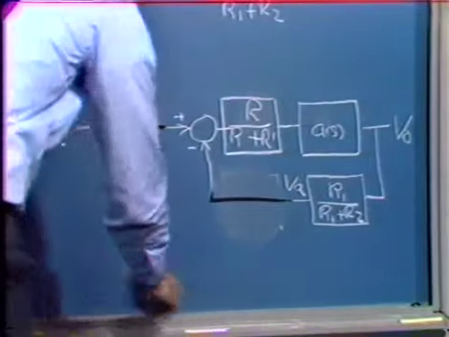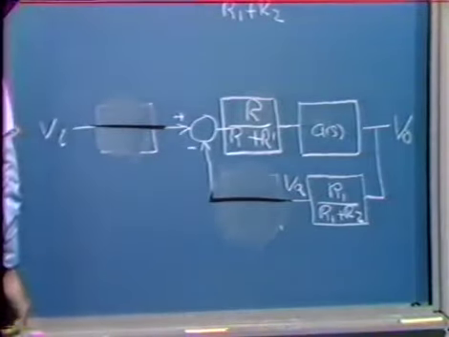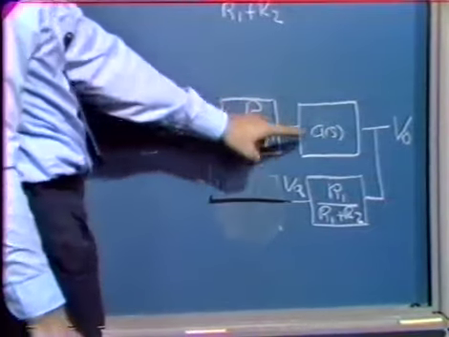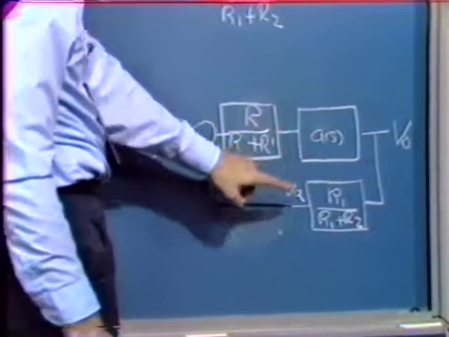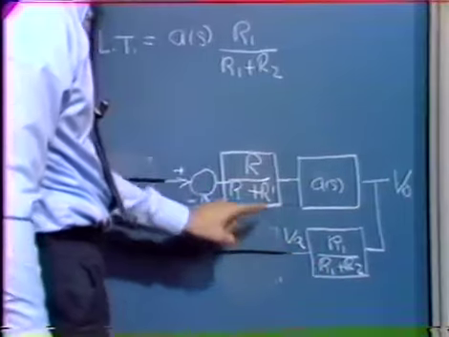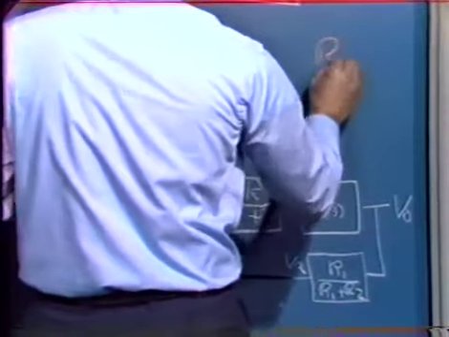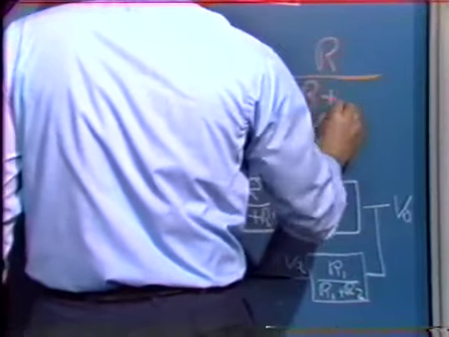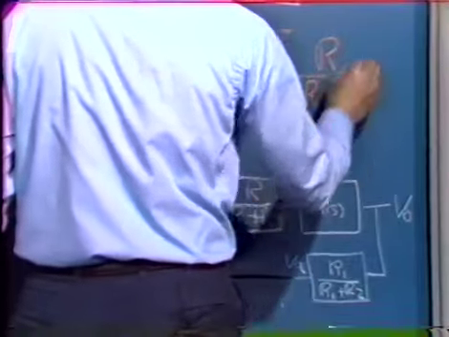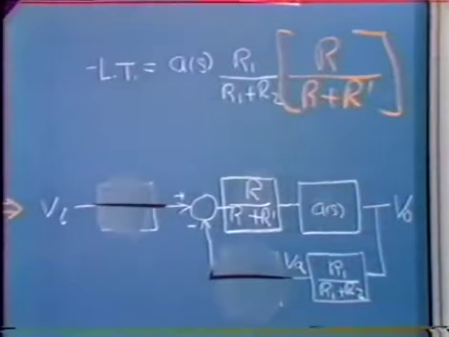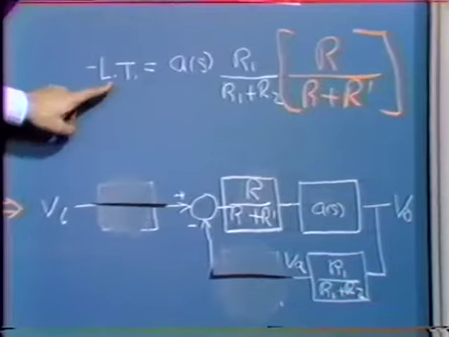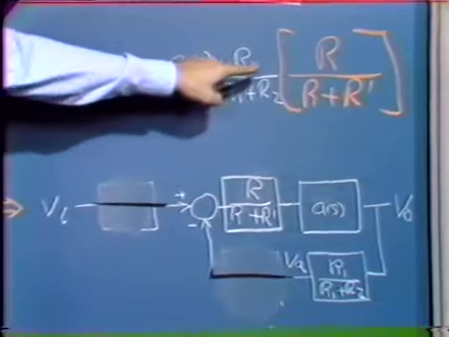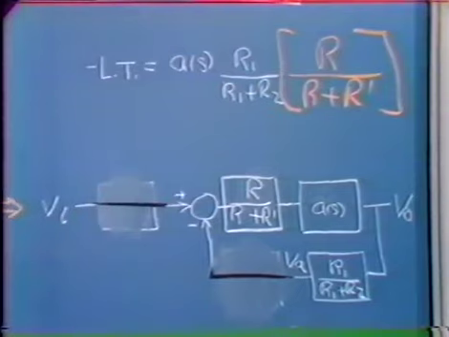However, the loop transmission now, for this system, picks up an additional term. Let's see, we have A of S, we have R1 over R1 plus R2, but we have an additional attenuation factor, R over R plus R prime. And so what we're able to do is modify the loop transmission magnitude, or at least lower it, without making corresponding changes in the ideal closed loop gain.